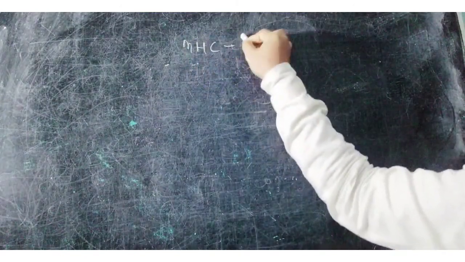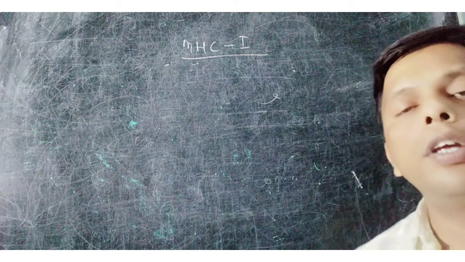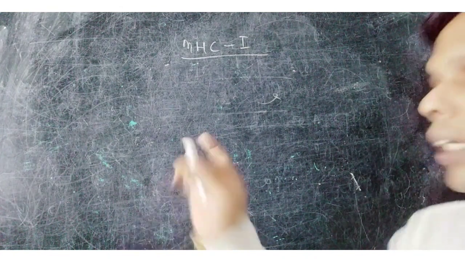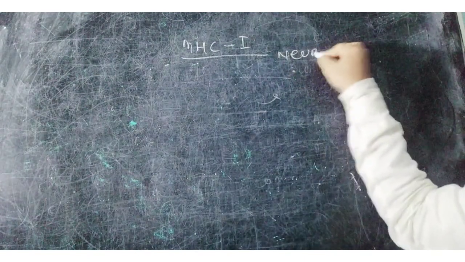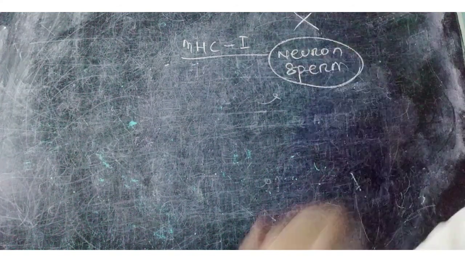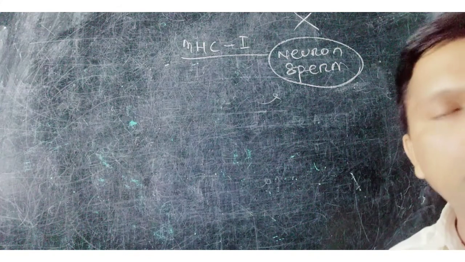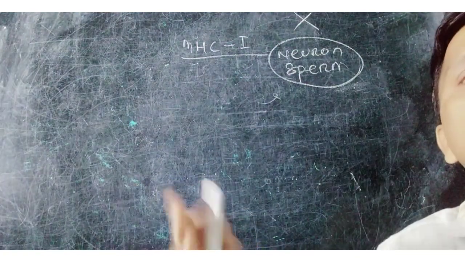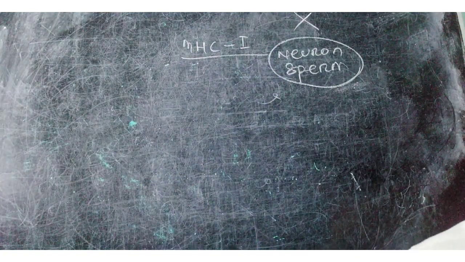MHC1 is found in all nucleated cells. The highest level of MHC1 is expressed in lymphocytic cells, because lymphocytic cells are associated with the immunity of the organism. RBCs do not have a nucleus, so they will not have it. Neurons and sperm cells are nucleated cells, but they lack MHC1.